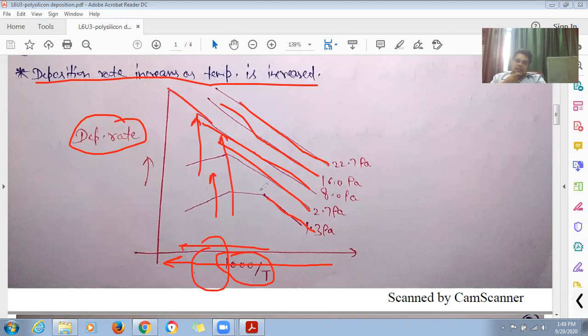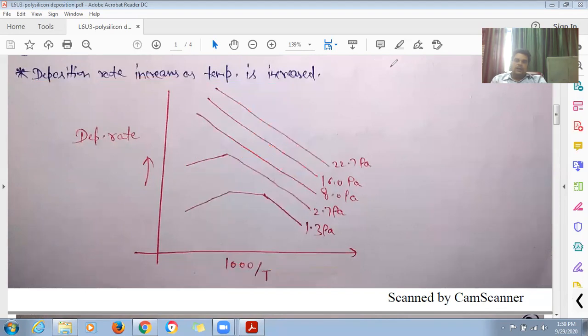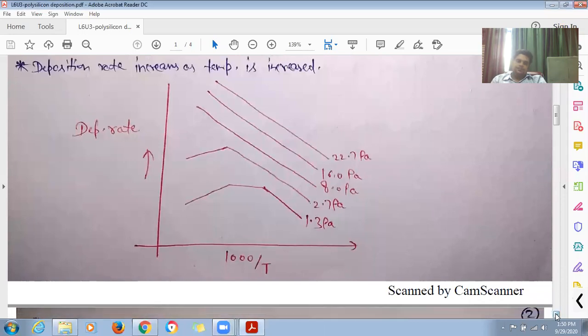In fact, at a pressure of 2.7 and 1.3 Pascal, the deposition rate actually reduces. Why this is happening, we will discuss in a few minutes. The outline is that the deposition rate increases as the temperature is increased.